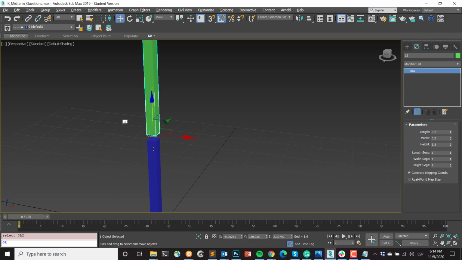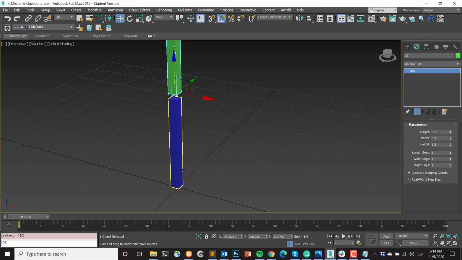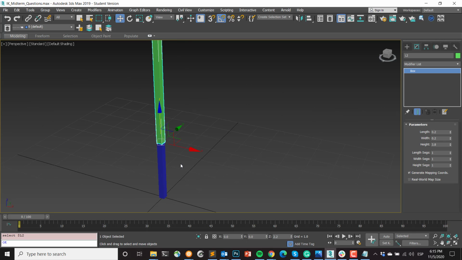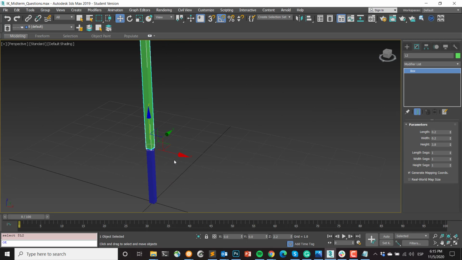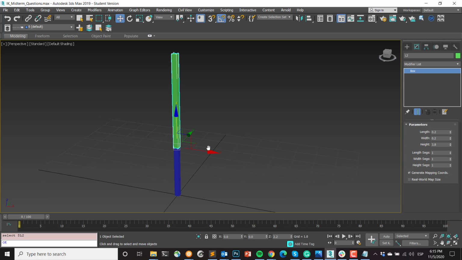The position of L2, if I want, I can maybe put these guys on 0, 0, 0, and the other on 0, 0 on X, and maybe 2.2 on Z. But that is not strictly necessary right now. It's just the better way to imagine this as a kinematic chain, because obviously this thing needs to be connected, right?